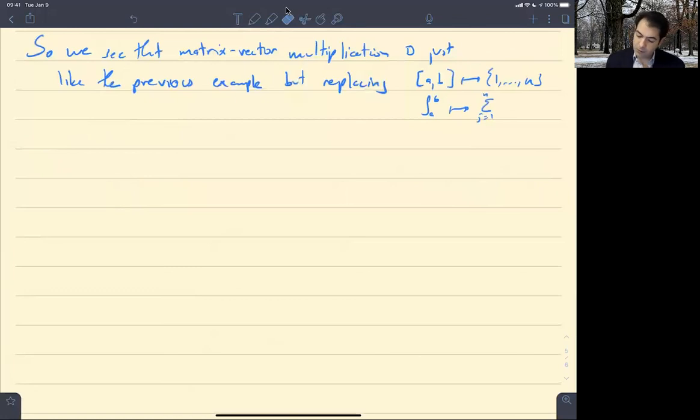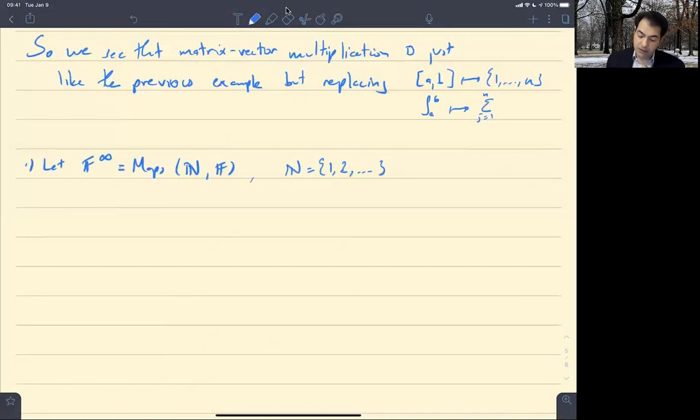As one final example, if we let F infinity be the maps from the natural numbers to F, and the natural numbers is just the numbers you count with, 1, 2, the positive integers.